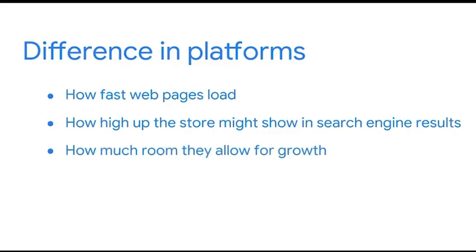Plus, the SEO keywords and phrases used on the site can also make a difference. Finally, there's a difference in platforms based on how much room they allow for growth. As the company expands, the platform needs to be able to handle increased traffic, allow for a large number of products, and have more flexibility and options to meet the marketing needs of a growing company.